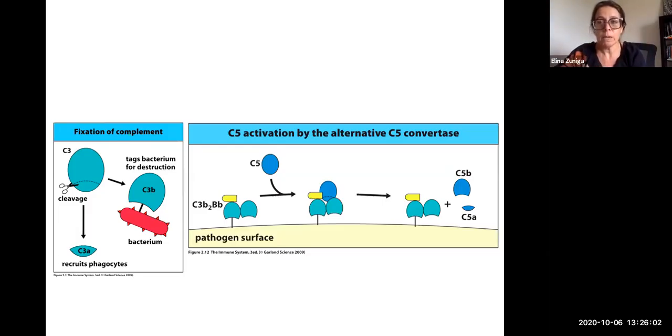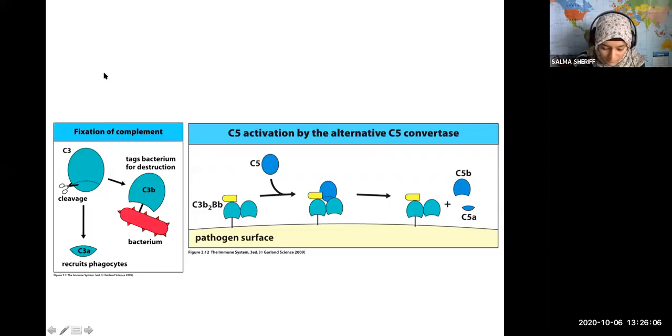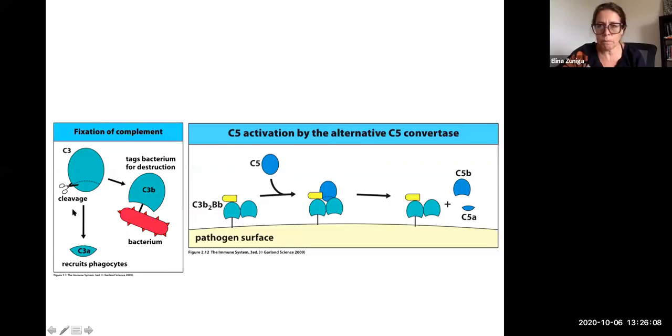Okay, thank you. So here we have this central event that we mentioned in the previous slide, the cleavage of C3, the complement factor 3, into C3a and C3b, okay? Whatever way the complement is activated, it will always converge into this cleavage of C3.